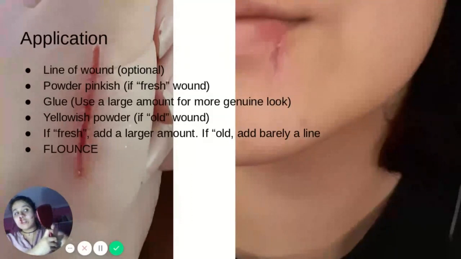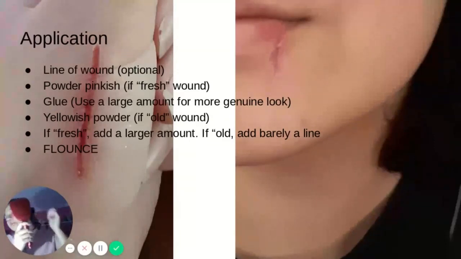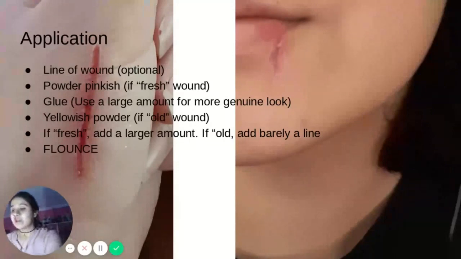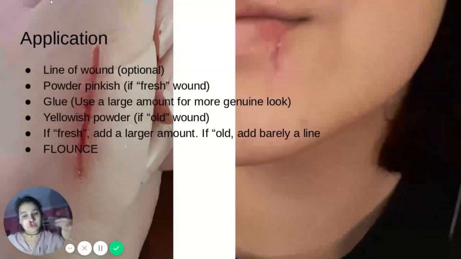This should give the illusion of either bleeding or having been bleeding. If you want to fan one more time, that is okay. No one is stopping you from fanning your wound.